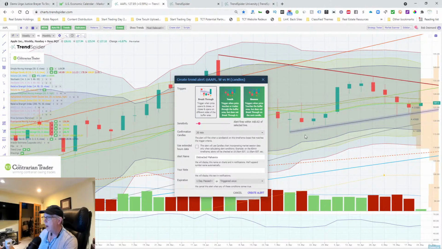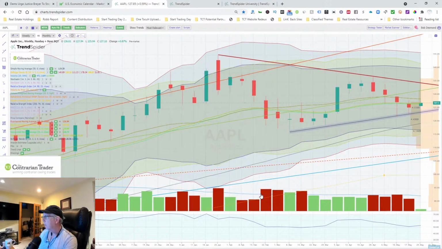We're in a wedge formation. Here's your upper band of resistance in red, lower band now in purplish red.